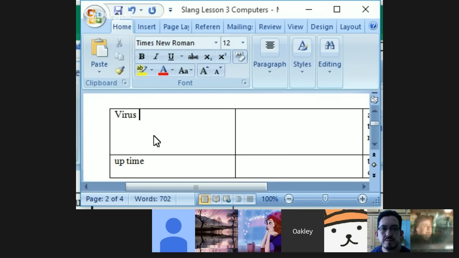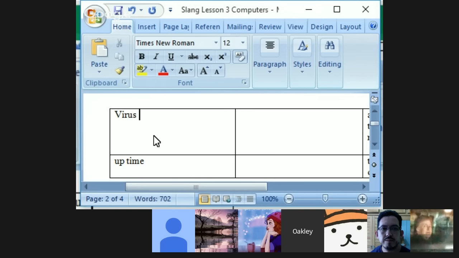Another word that started out as slang, but I think it's actually just considered to be a real dictionary word now. Virus. What is a virus? Virus is a harmful computer program. Okay. Have you ever gotten a virus? Yes, I have lots of experience in virus.